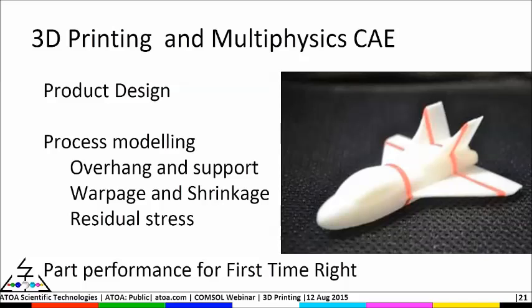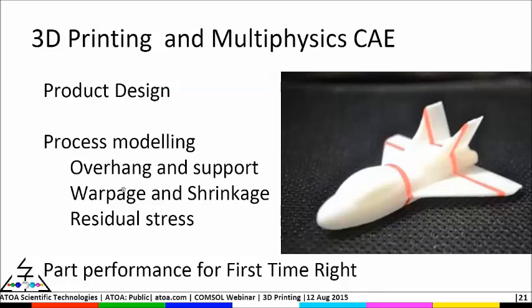This slide shows 3D printing and multiphysics CAE. Multiphysics CAE for product design is well known and leveraged successfully for innovative product development to reduce cost and cycle time. That's known. But in this webinar, we focused on the use of multiphysics CAE for 3D printing and process modeling for first-time-right product development.